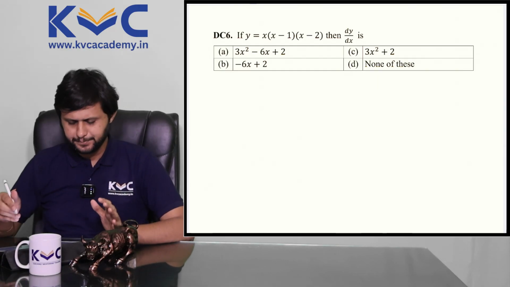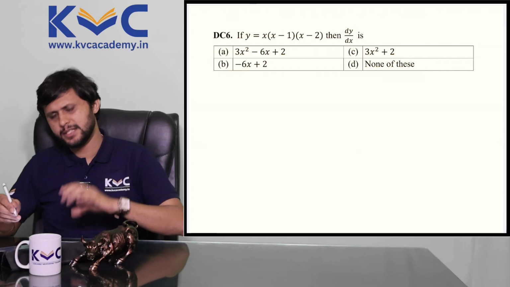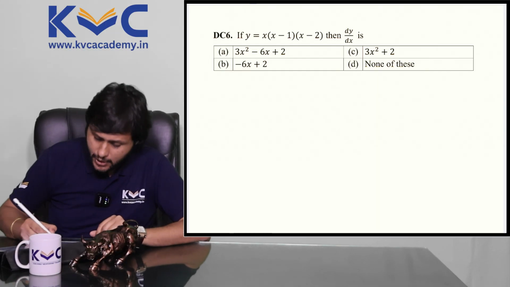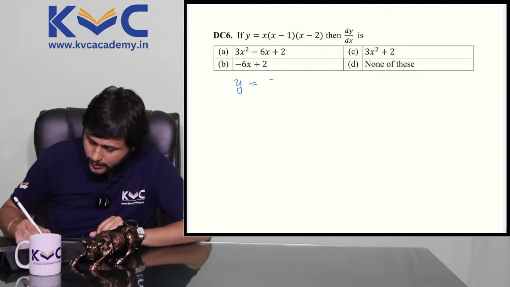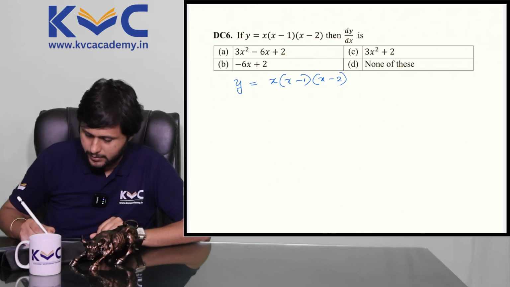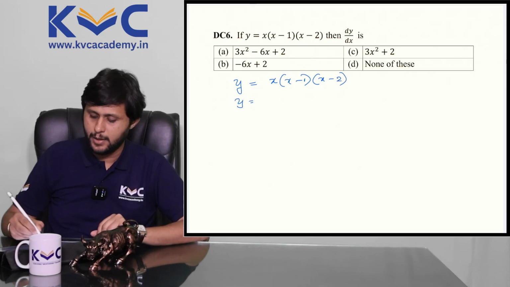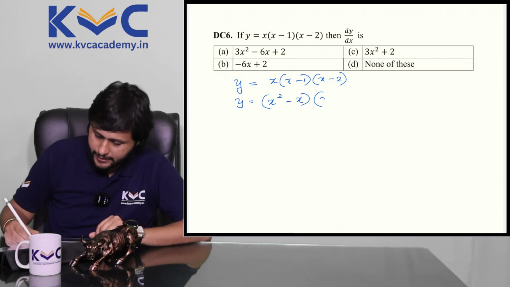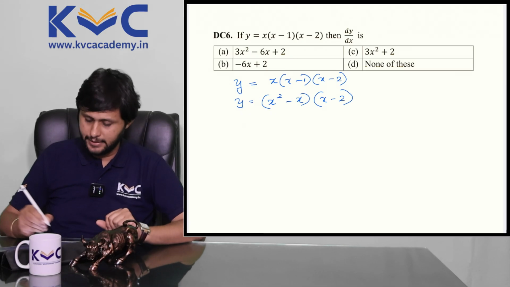It gets very lengthy. So what we'll do here, since we know we can open the bracket, we may get a simpler equation. So I'll rewrite this: y is equal to x. I'm not simplifying, okay? I'm just rewriting. Okay, y is equal to, now simplifying. Open the bracket, we get x square minus x. Only the first two I'm doing at a time, step by step.